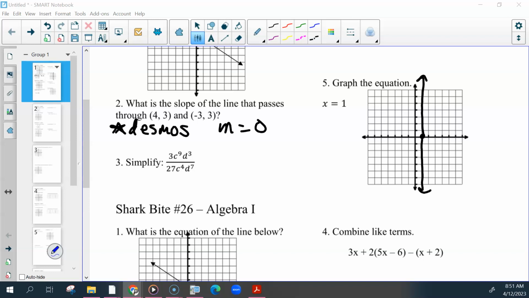Let's try this again. Oh, they completely disconnected. Cool. Technology is still on break, apparently.